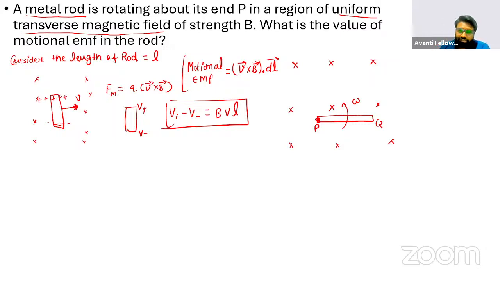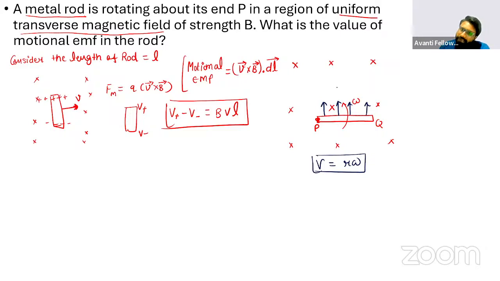Okay. So if you see in this case, this rod is rotating, which means each and every point of this rod is rotating with a certain velocity. This point is also moving, this point is also moving, every point is moving with a certain velocity, and that velocity is the linear velocity, which we can relate as v equals r omega.